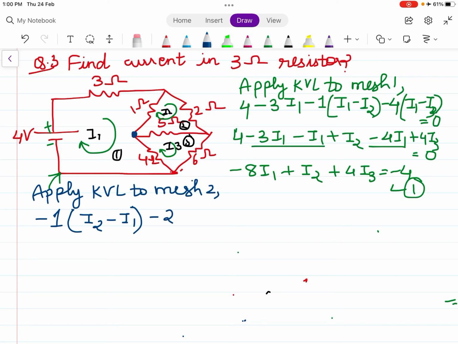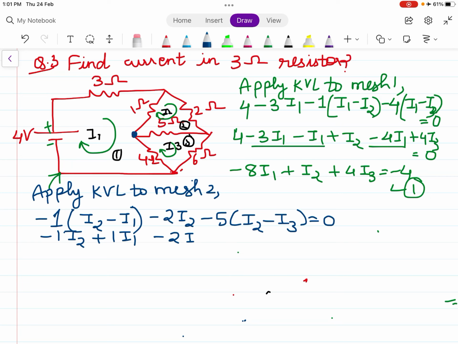Then minus 2 I2 minus 5 I2 minus I3 equal to 0. So minus 1 I2 plus 1 I1 minus 2 I2 minus 5 I2 plus 5 I3 equal to 0.